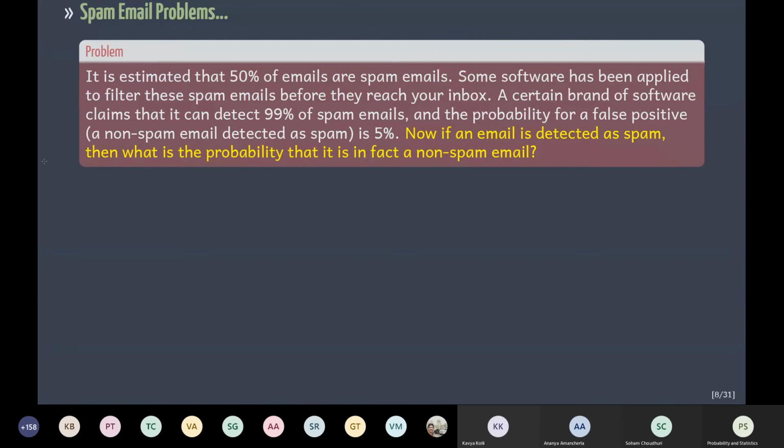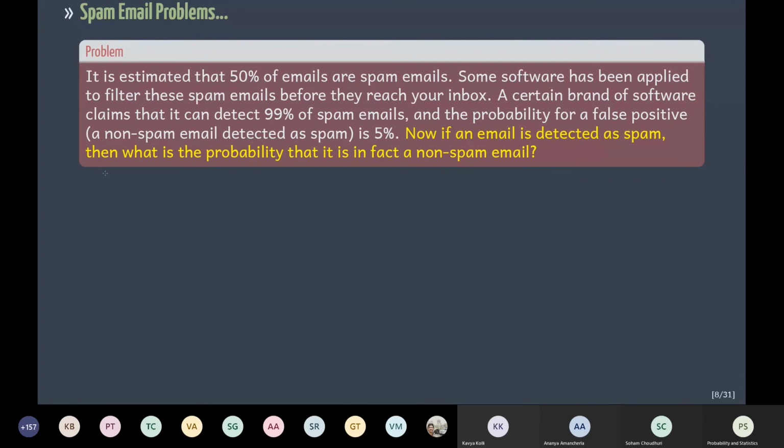Let us try to solve this. We need to define some events.